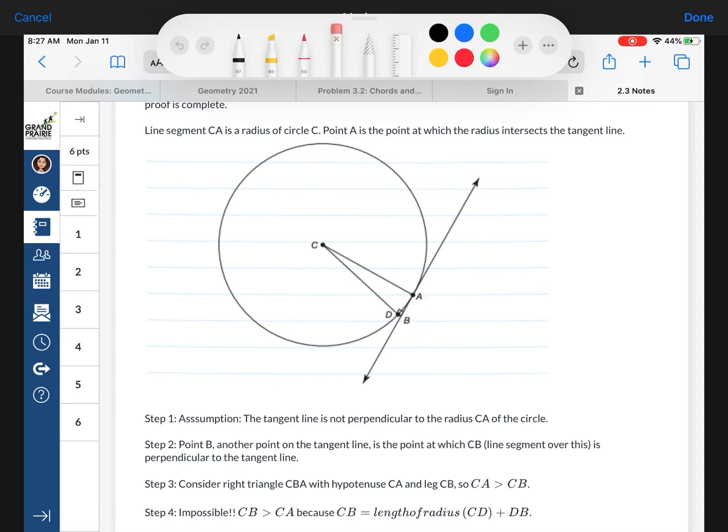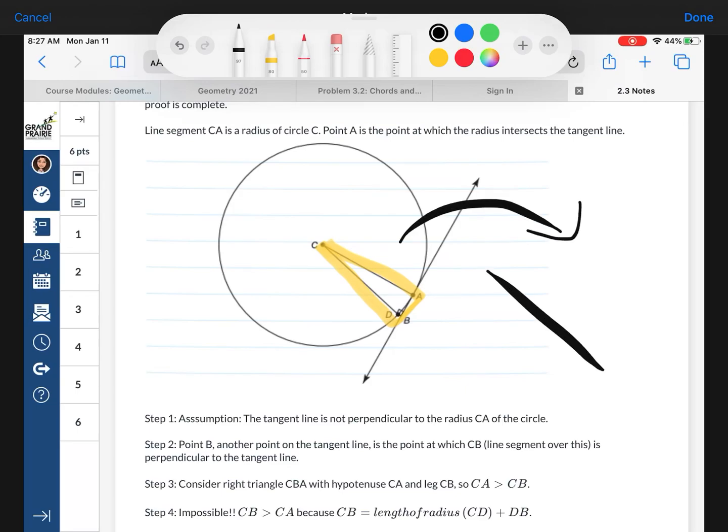And so in step 3, they said consider right triangle CBA. So let me highlight the triangle. This triangle right here, they're saying to consider it with hypotenuse CA. So if I was to redraw this, they're saying, let's consider this triangle, and let's say that the hypotenuse is this line right there. That means that this is your right angle.